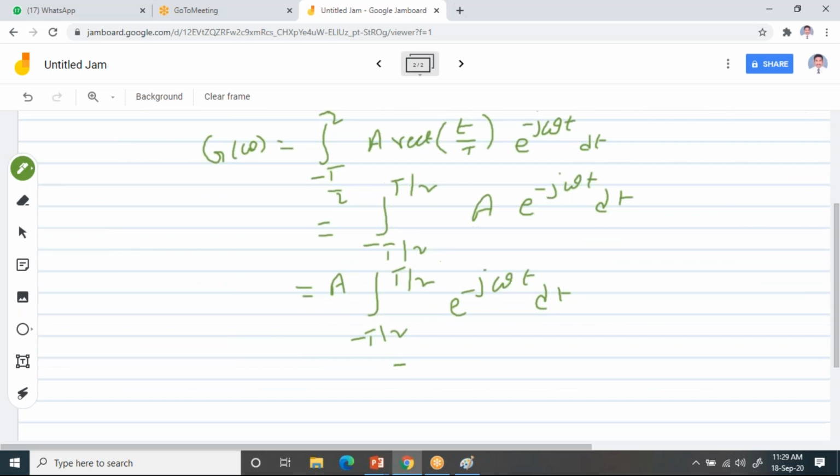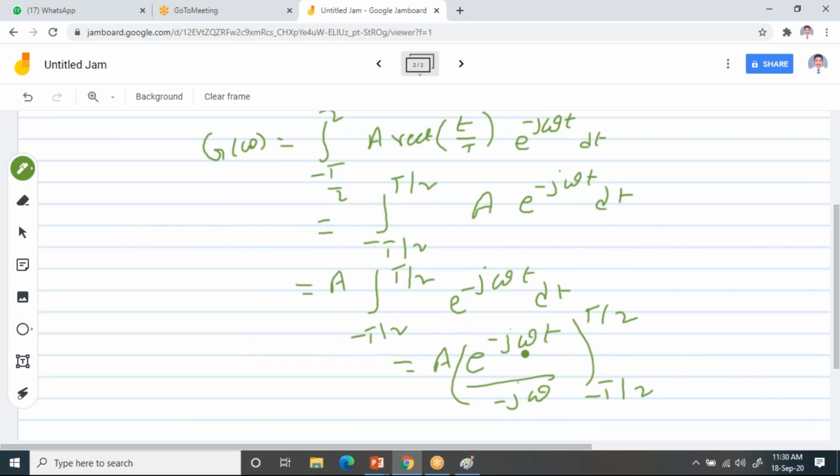You simplify this, you can write this as e power minus j omega t by minus j omega over the limits minus T by 2 to T by 2, multiplied with capital A, since we have this A. Now you apply the limits.